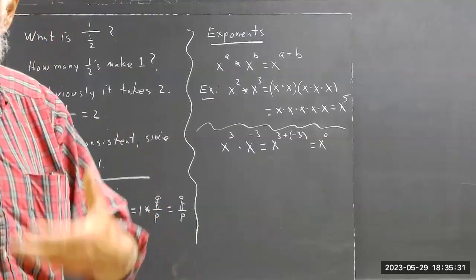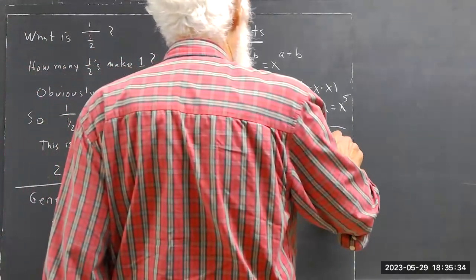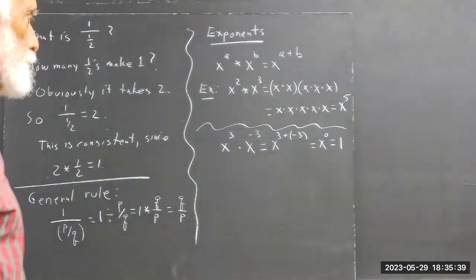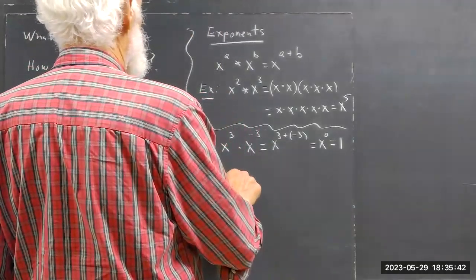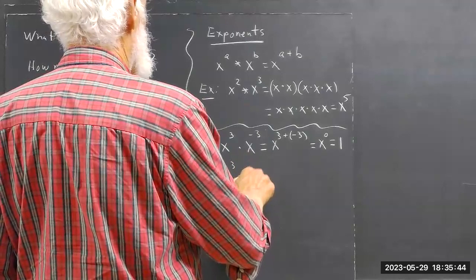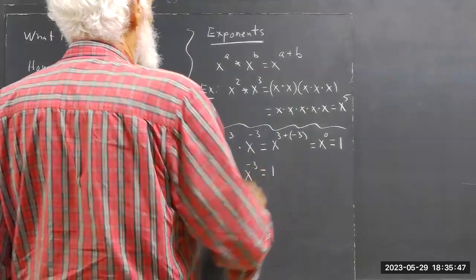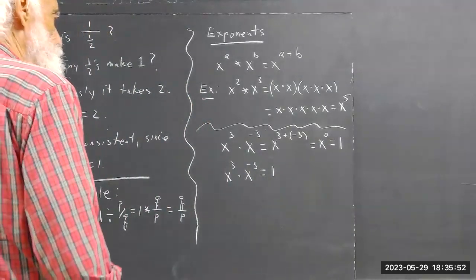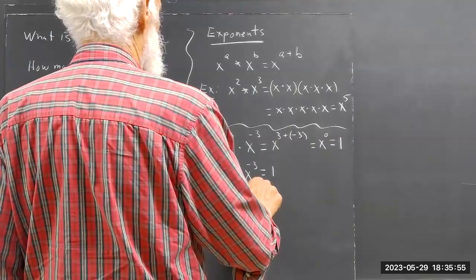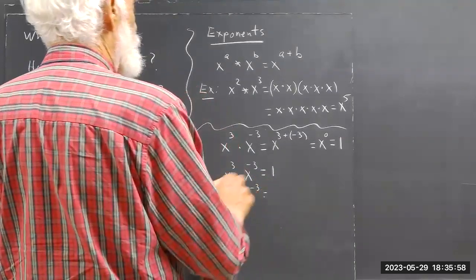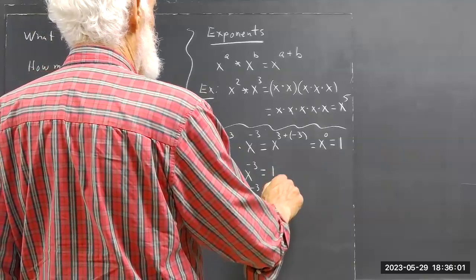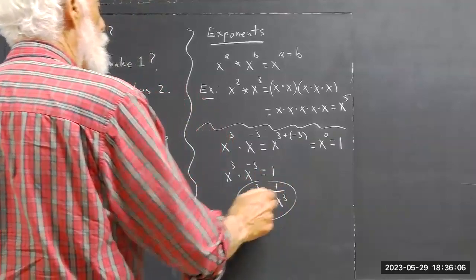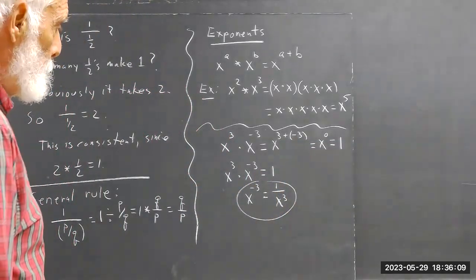Now, I hope you understand that x to the 0 equals 1. So x to the third times x to the negative 3 is equal to 1. Well, if I divide both sides here by x to the third, x to the negative third has to equal 1 divided by x to the third.